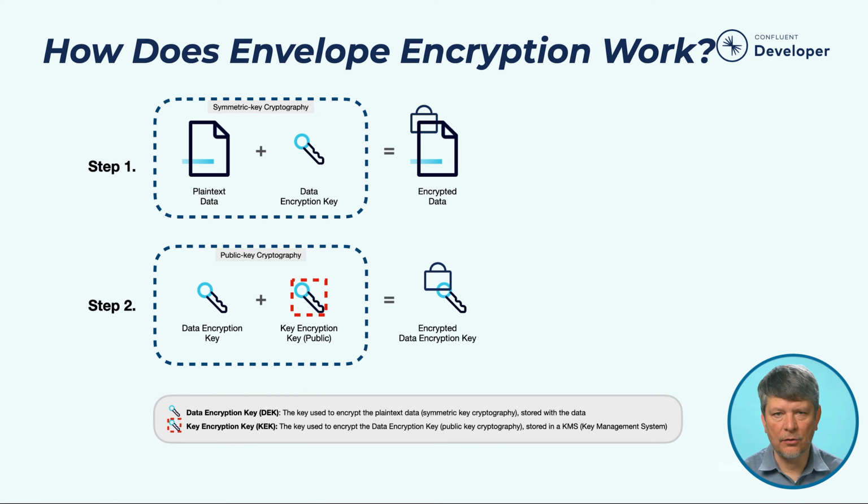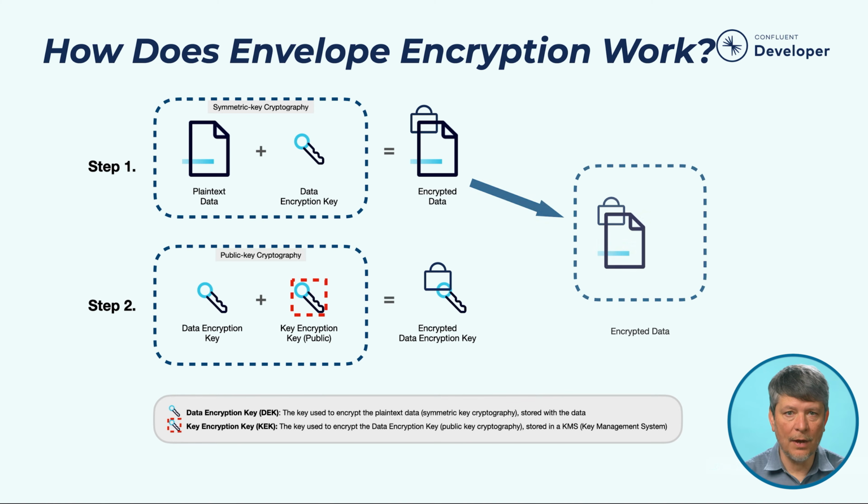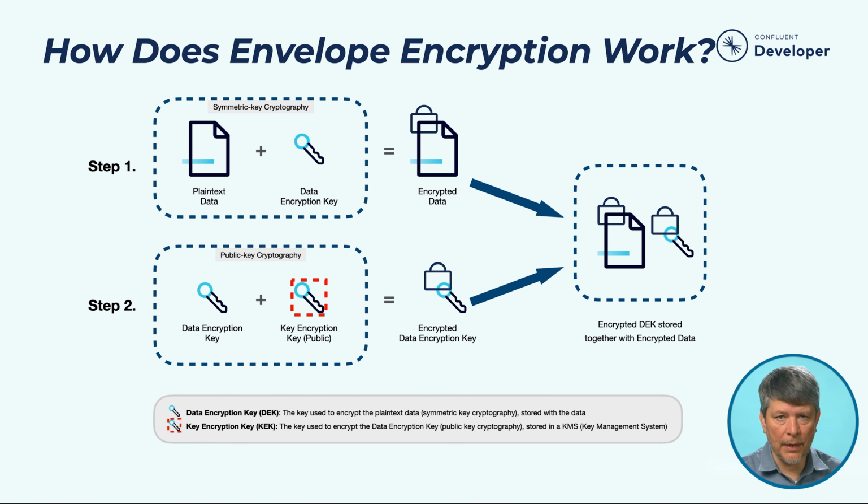This keeps the data encryption key safe and makes it accessible only to authorized users who have the key encryption key. Once the data encryption key is securely encrypted, it's often stored along with the encrypted data. This will streamline our decryption process. With this two-step approach, we get the speed benefits of symmetric encryption and the added security of using public-private keys.